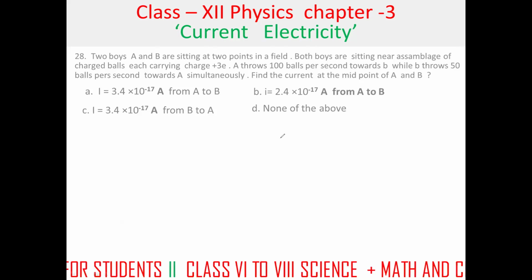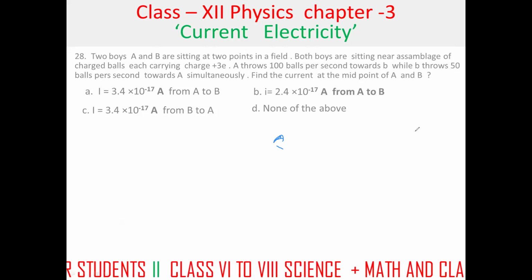Suppose A is sitting here, B is sitting here. There are a few balls carrying charge 3e. So A is throwing balls towards B, and B is throwing balls towards A. A is throwing more balls, 100 balls. One ball carries 3e.